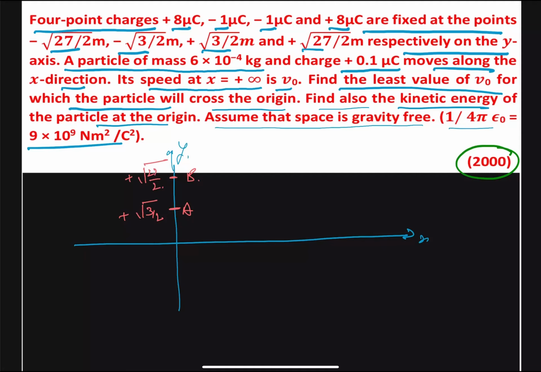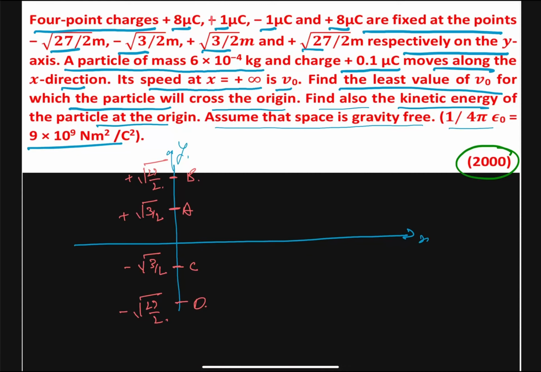Similarly on the negative side, let us suppose this is a C and this is our D. So here we get minus square root of 3 by 2, and here we get minus square root of 27 divided by 2. And the values of the charges are also the same.